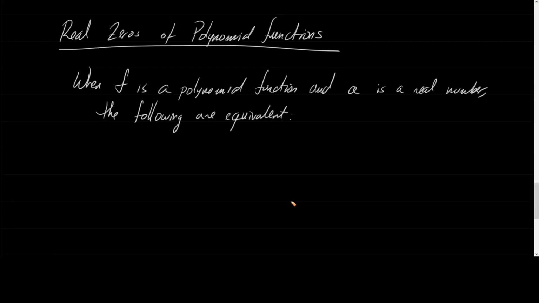So what are we talking about here? Well, all these following statements are all equivalent. So if I write x equals a, this is a zero of the function f.